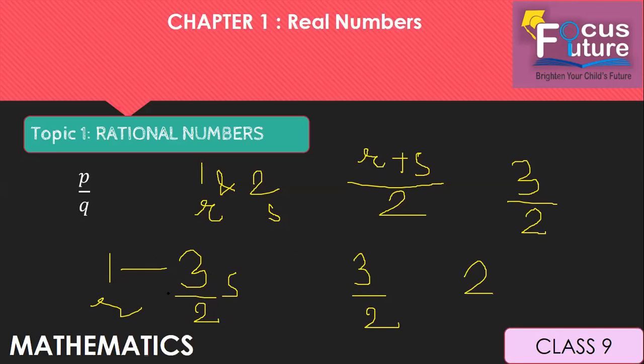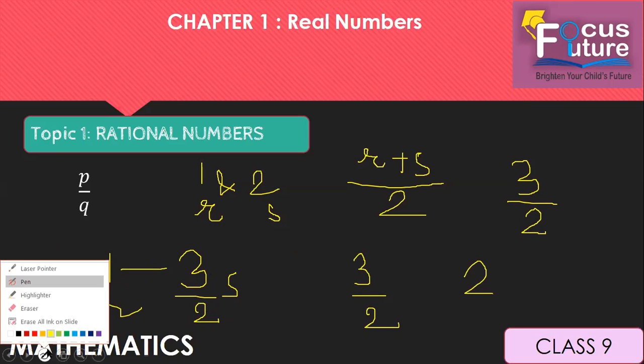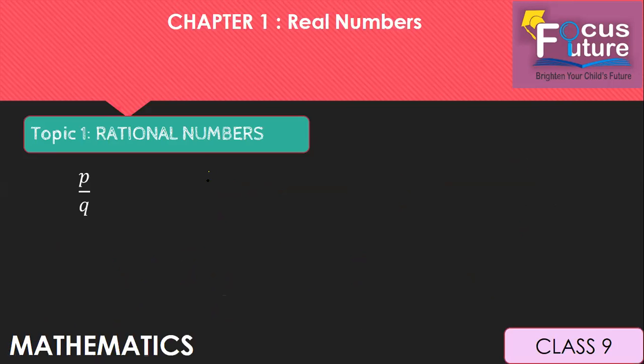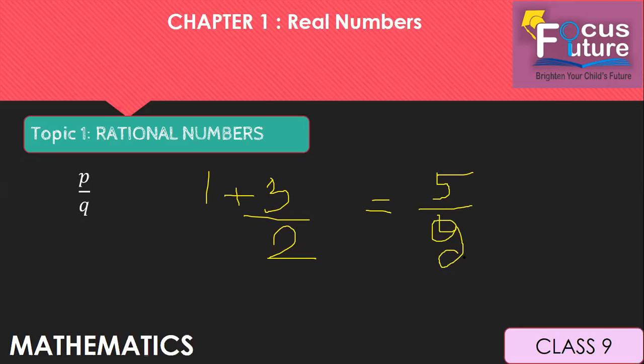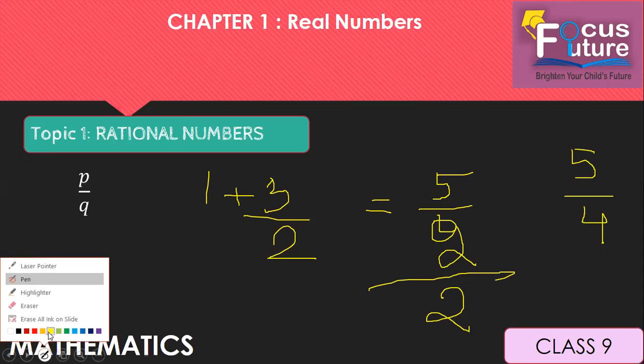So 1 plus 3 by 2. That would be 5 by 2. 5 by 2 divided by 2, that would be 5 by 4. So our second number would be 5 by 4. Now let us find our third number.